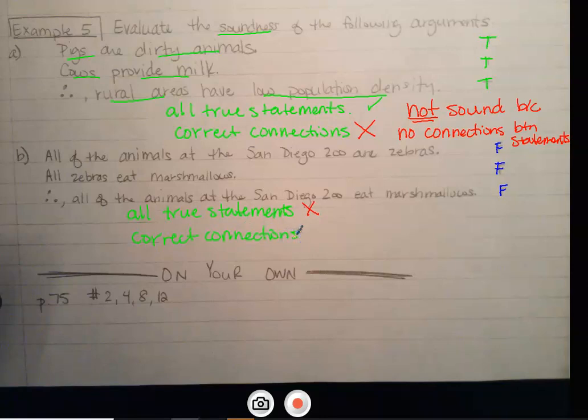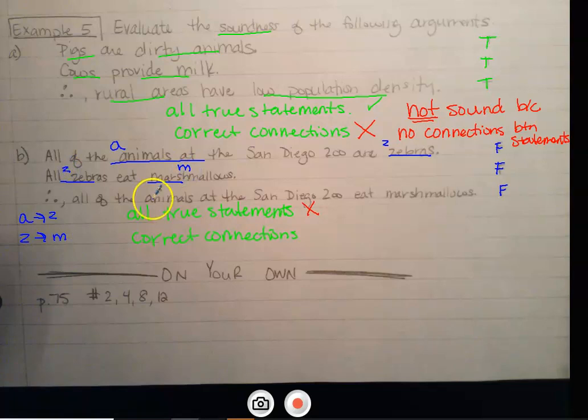In this case, the connections are actually really solid. We're talking about all of the animals at the San Diego Zoo are zebras. So let's say A and Z. We've got if A, then Z. And then it says all zebras eat marshmallows. So then we've got if Z, then M. We're going to put M for marshmallows.